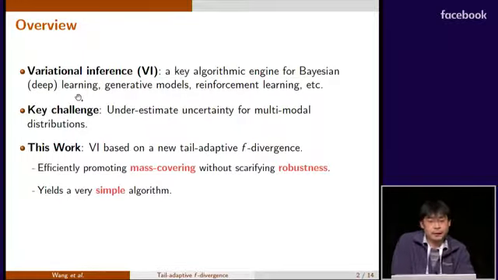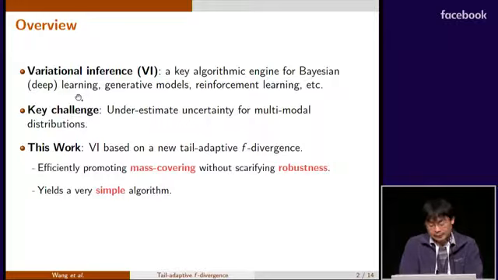So in this case, variational inference, in many cases, tends to miss important modes. In this work, we propose a new variational inference algorithm based on a new type of what we call tail adaptive F-divergence. This algorithm has the nice property of promoting mass covering without sacrificing robustness. I will explain what this means in this talk.